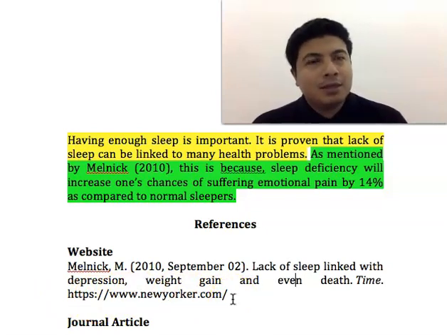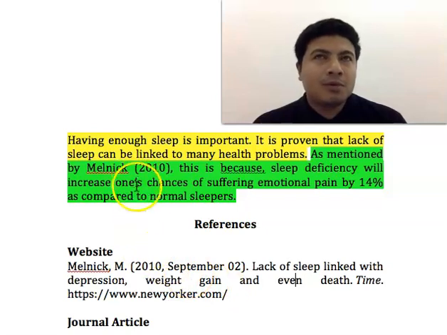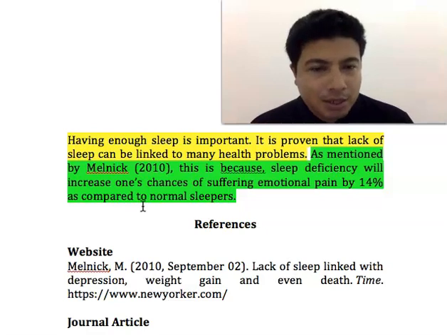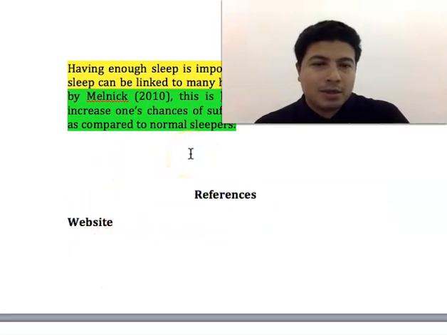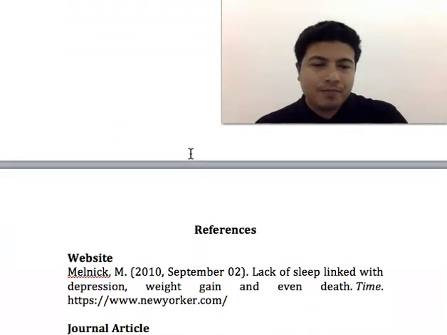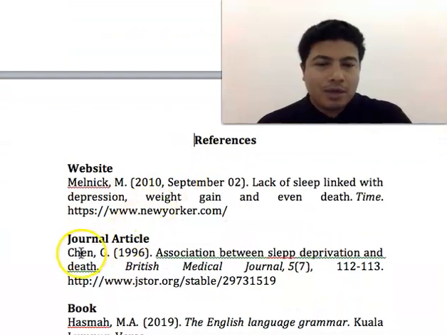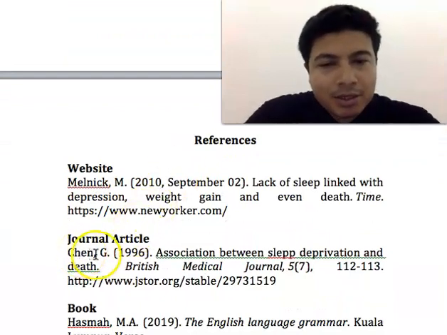If, let's say, the source is from a journal article, the format is a bit different. So you have the surname. Let's say the name of the person is Go Chen.